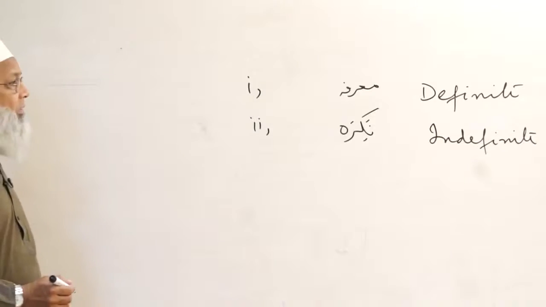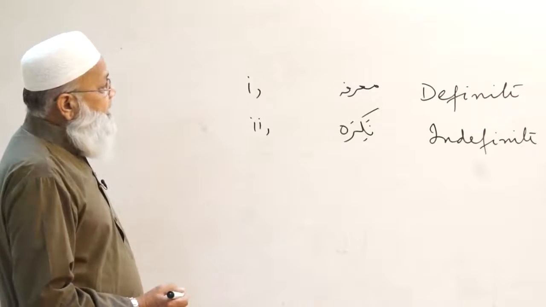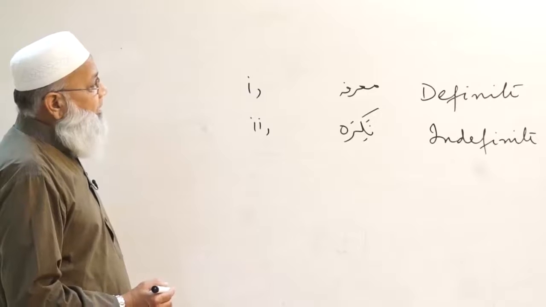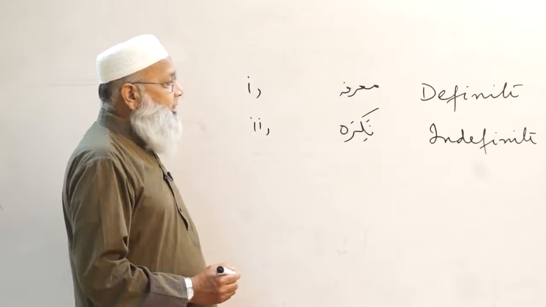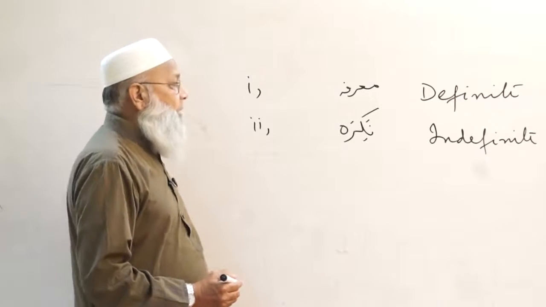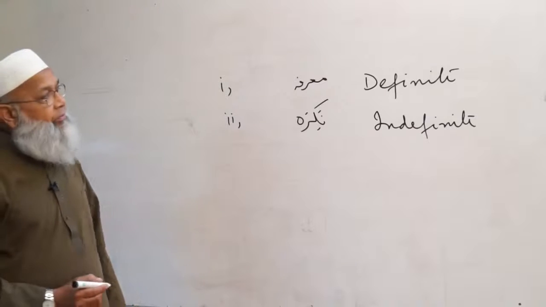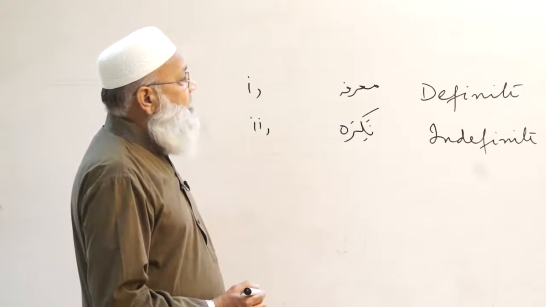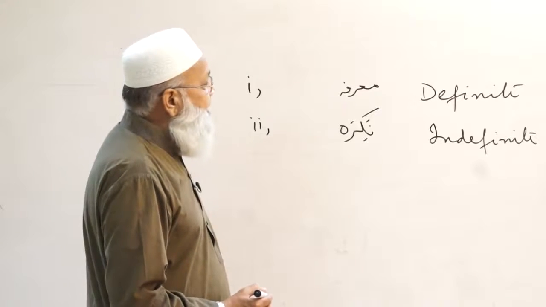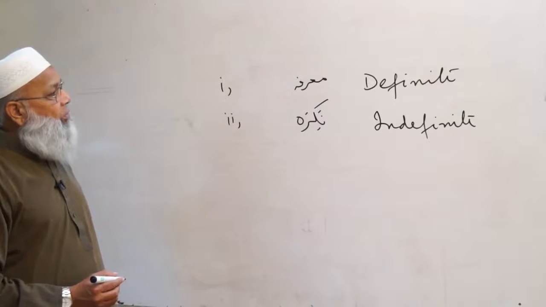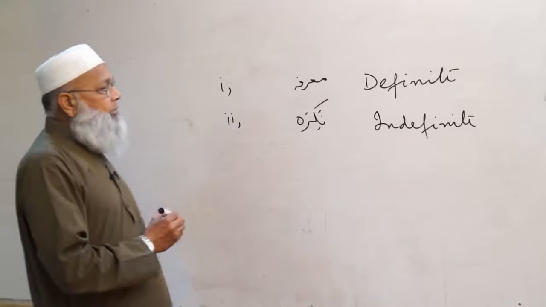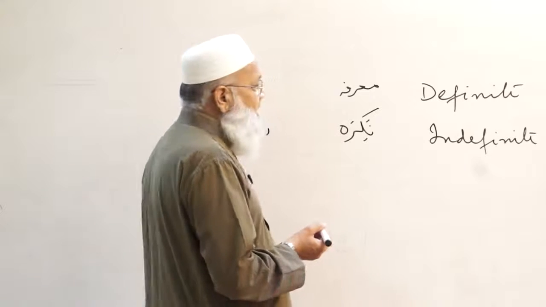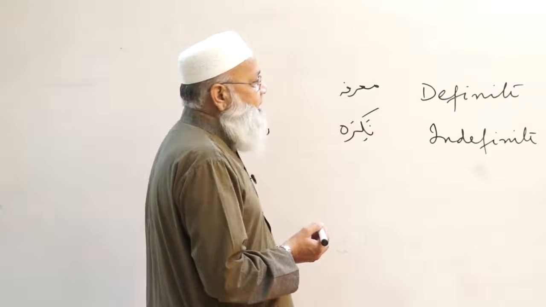There are only 7 types of definite noun in Arabic, and every noun which cannot be proved to be definite would be treated as an indefinite noun. Any noun which doesn't fall in any of the 7 categories of definite noun would be treated as indefinite noun. So we would only study the 7 types of definite nouns, and the rest would be all about indefinite nouns.